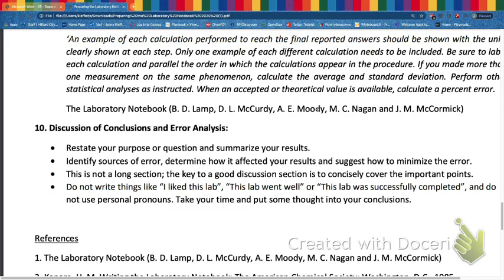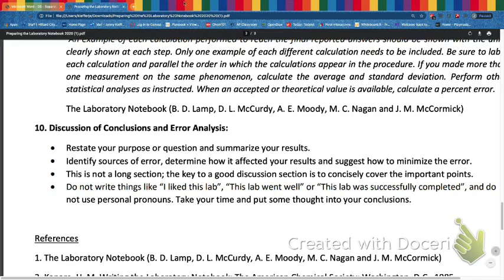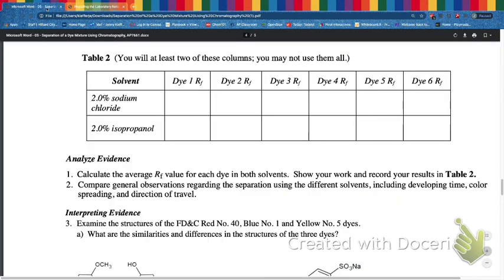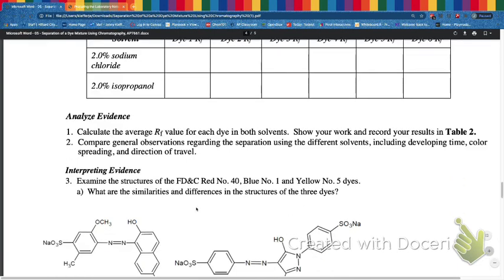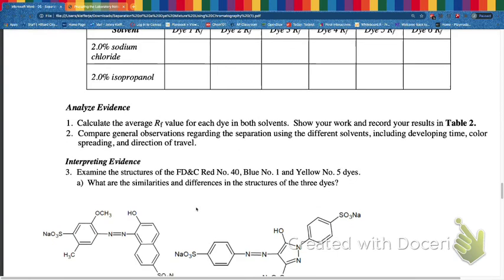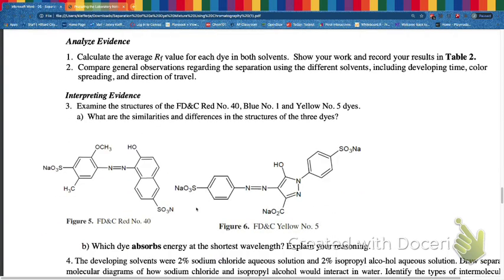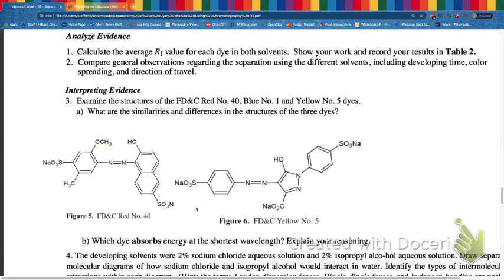Now for this particular lab, we have something to do after our conclusion because, let me find it here, where it talks about analyzing evidence. That's really our conclusion. You're going to have an additional section interpreting evidence. You can go ahead and label the section interpreting evidence. And then you want to answer these questions.